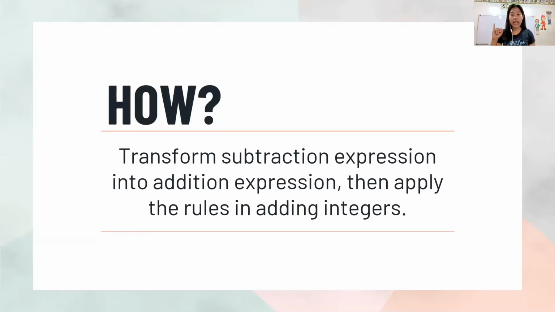Positive plus positive is equal to positive. Negative plus negative is equal to negative. How about those numbers with different signs? It depends on which number is bigger, and the operation that we are gonna use is subtraction. Did you get it? Alright.